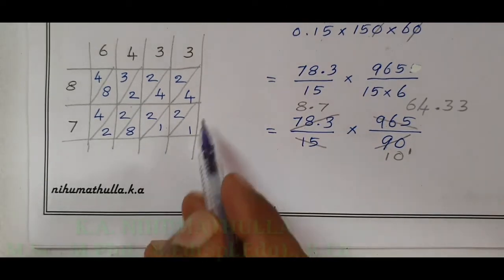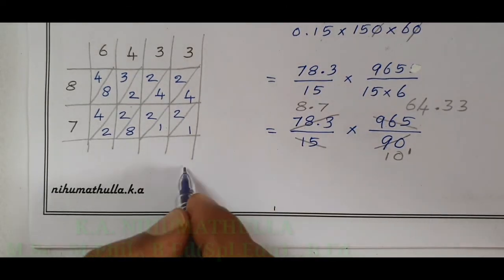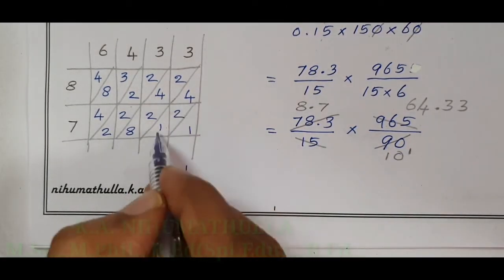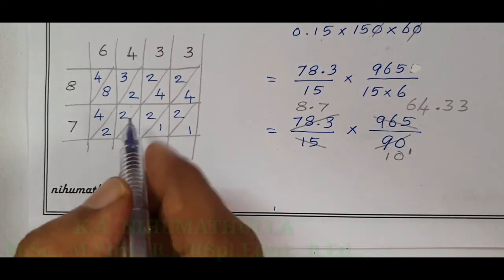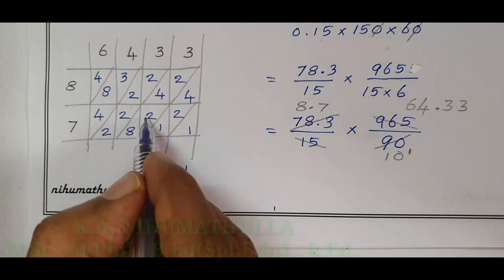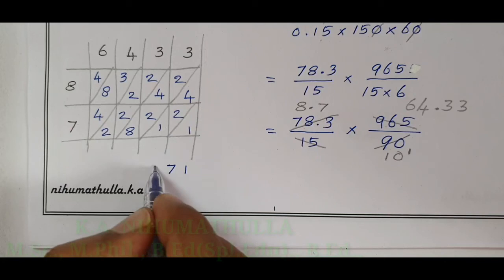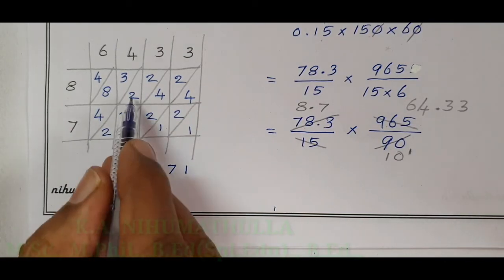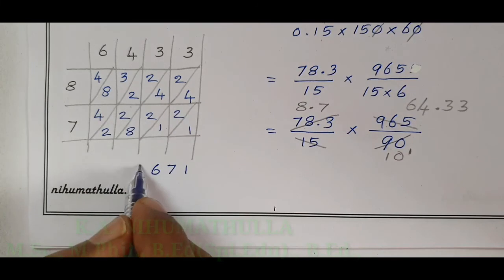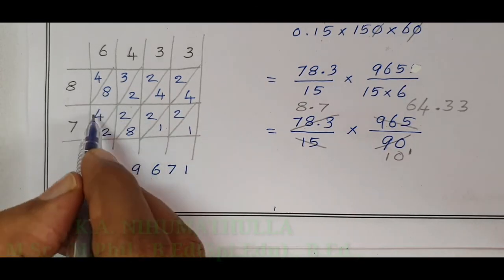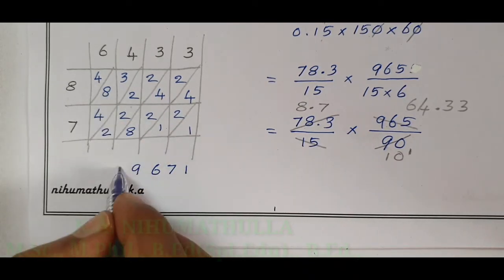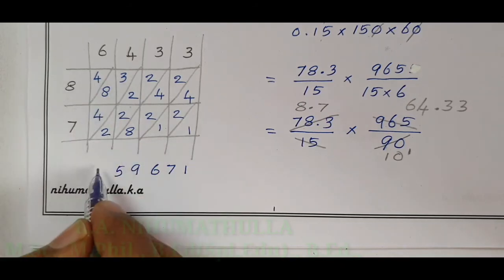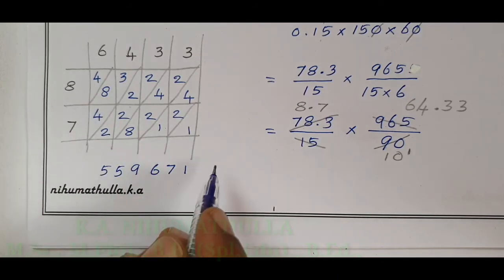When we add in rows, this 1 is here. 4 plus 3 equal to 7. 8 plus 2 equal to 10. 10 plus 6 equal to 16. Remaining 1. 2, 4, 6, 8. 8 plus 1 equal to 9. 8, 12, 15. Remaining 1. 1 plus 4 equal to 5.